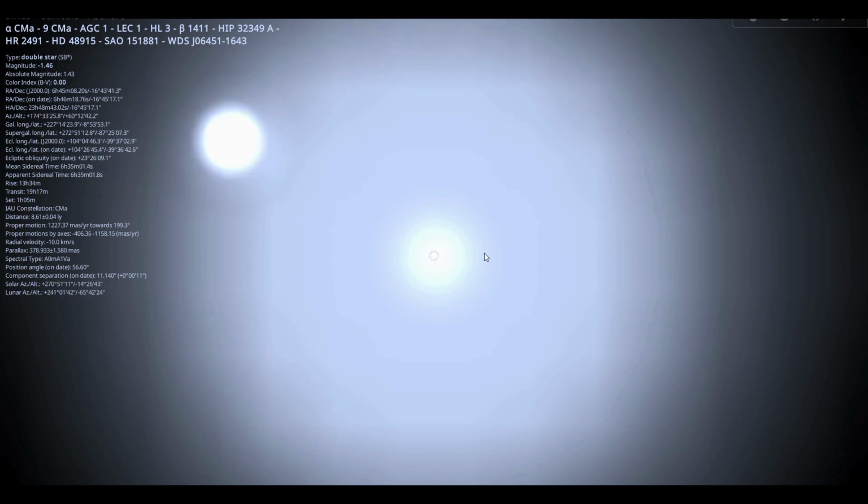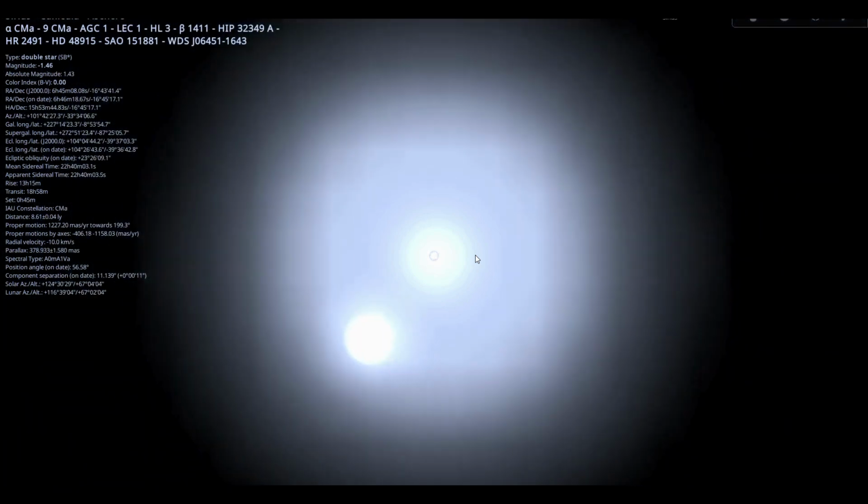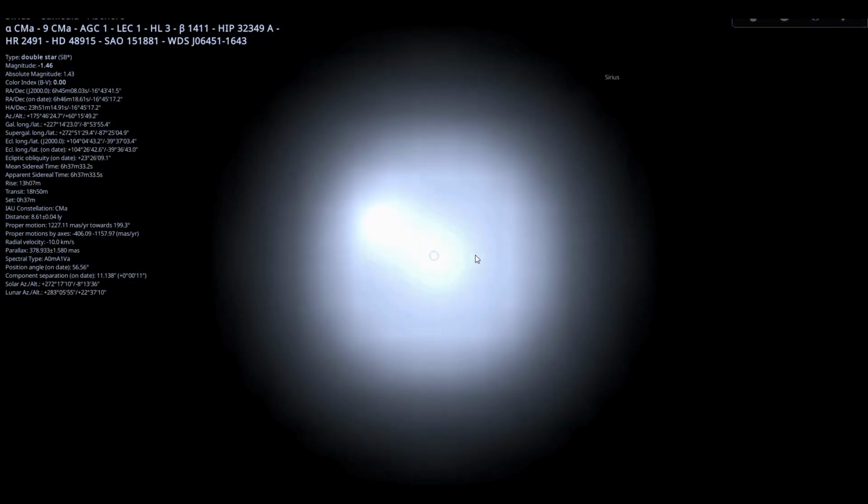As you can see, it's getting very close in front of its star. Look at the magnitude. It's 1.46. Speed up time just enough. Yeah, it does change. Look, 1.47.